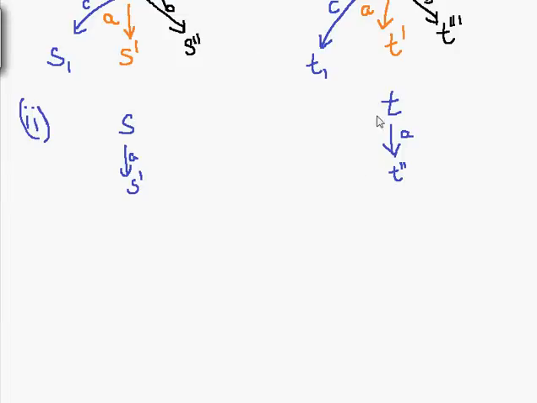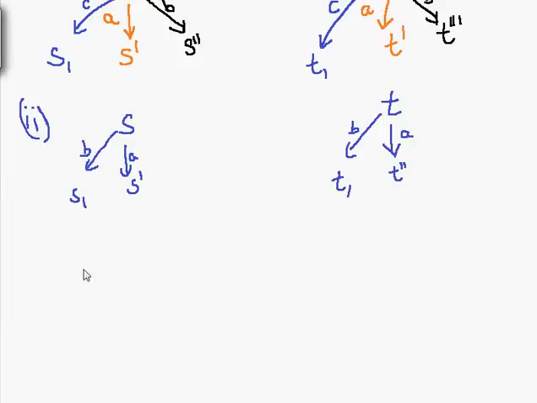If there is a B to some other T1, then there should be a B to some S1. So we should check the outgoing transitions of each state in both label transition systems.